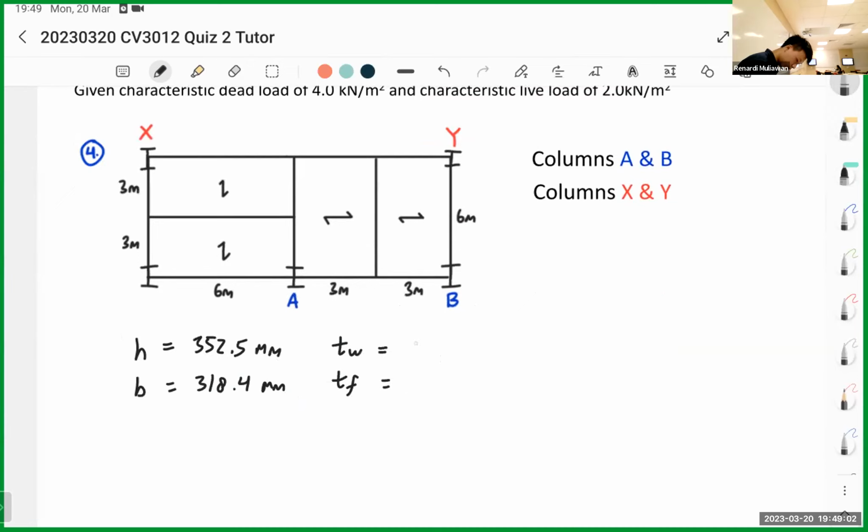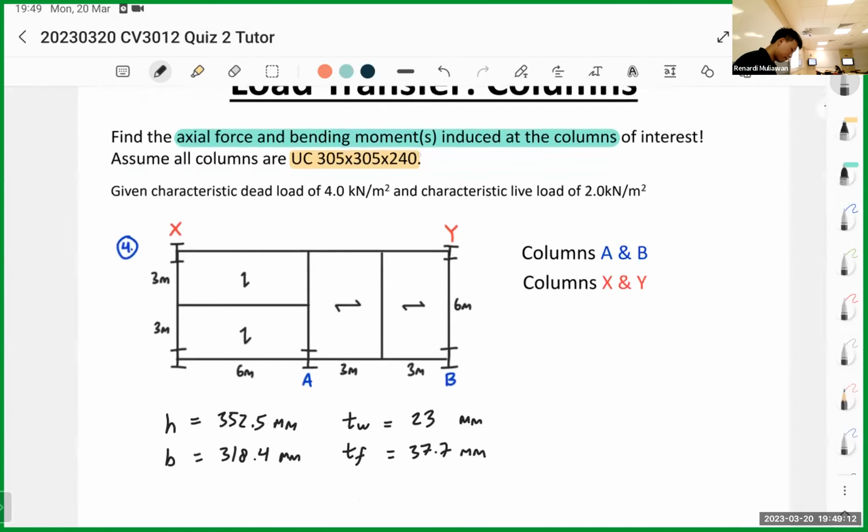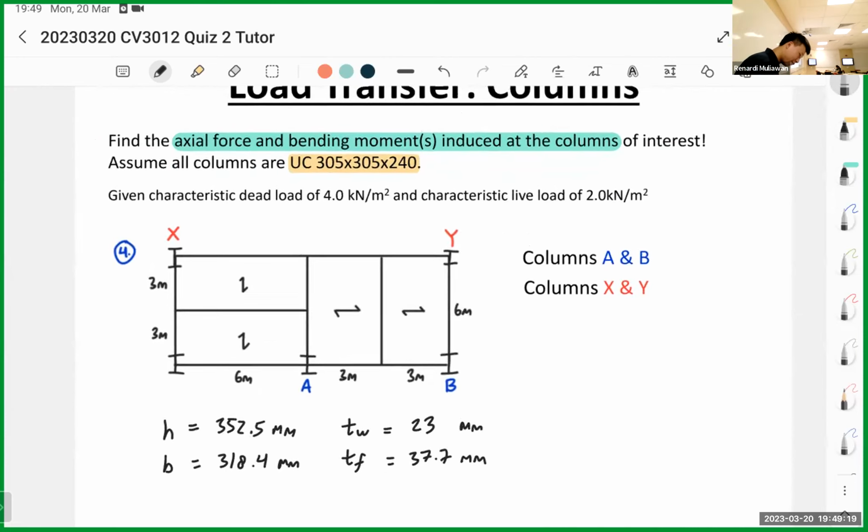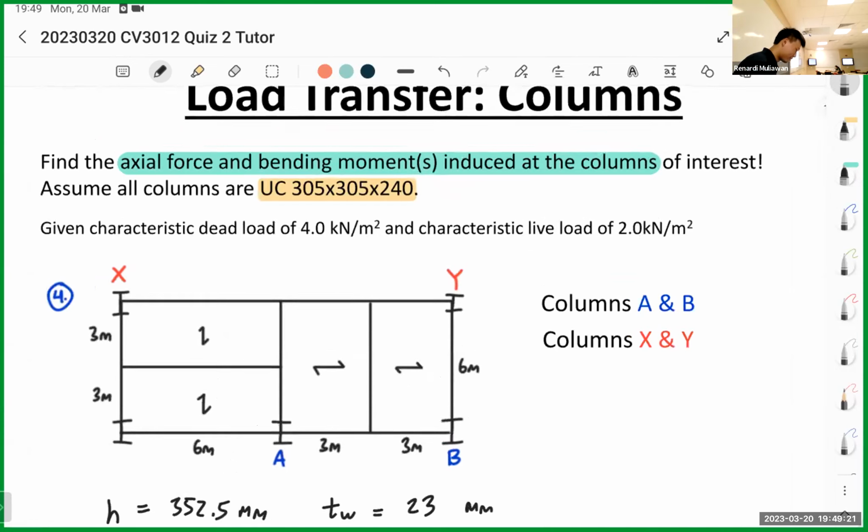TW is 23, TF is 37.7. So if you notice, I'm doing this. Why? Because later, if you want to find the bending moment induced in the column, we need the eccentricity. That's why I'm writing this down first. I forgot to put something in the question also. Assume simple construction.